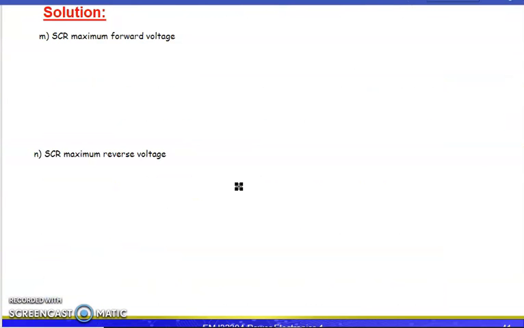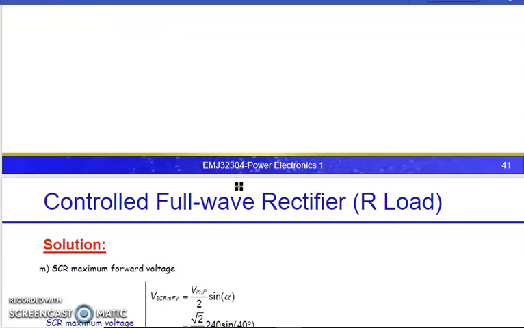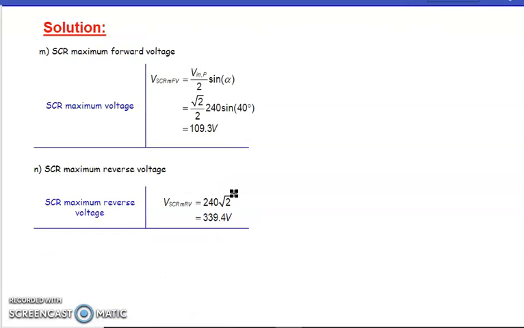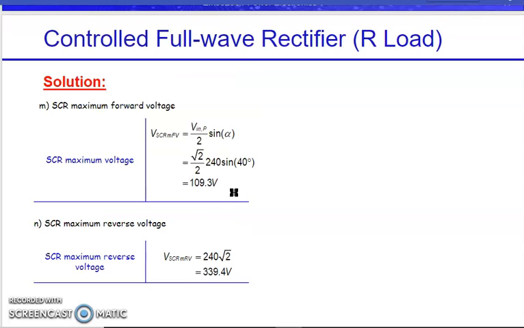So what about the SCR maximum forward voltage and also maximum reverse voltage? This is required when we want to decide the voltage rating and current rating of our SCR, so which part is suitable for our design. How do we calculate the SCR maximum forward voltage?